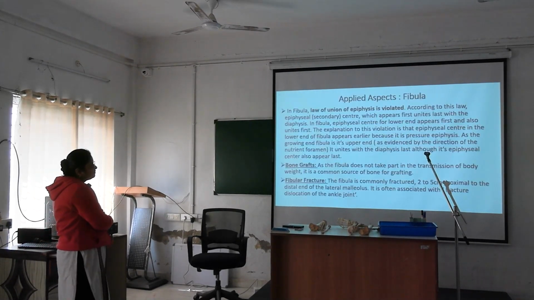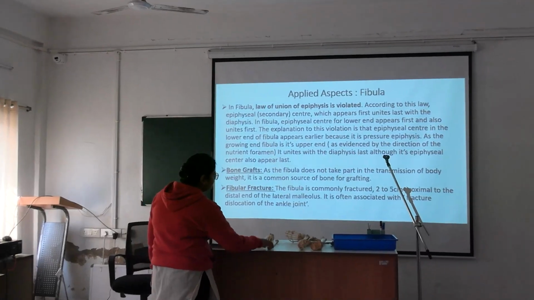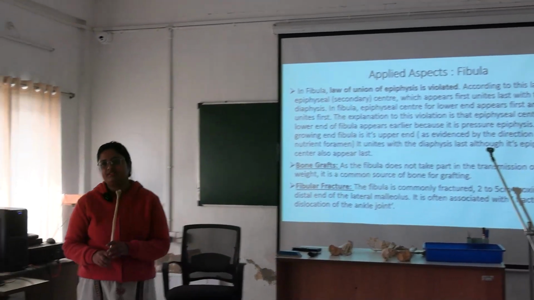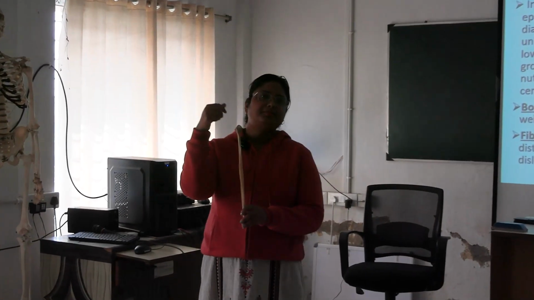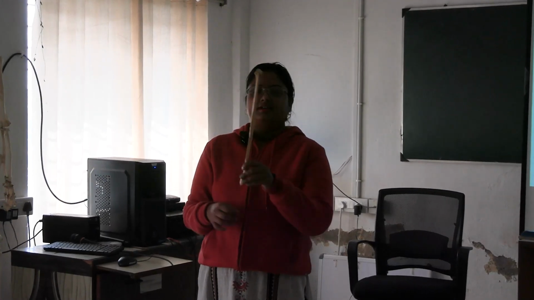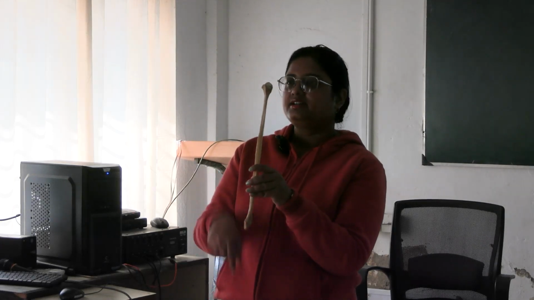Okay, that's all. So you will be able to hold it in anatomical position. The head is at the upper end, head or broad end. Below the head there is a neck, and the end containing the lateral malleolus will be downward. Above and below determine medial and lateral. The triangular facet for the talus will be directed medially.